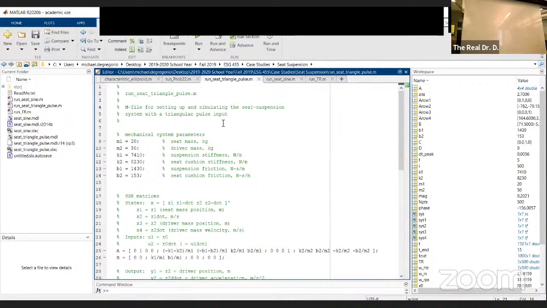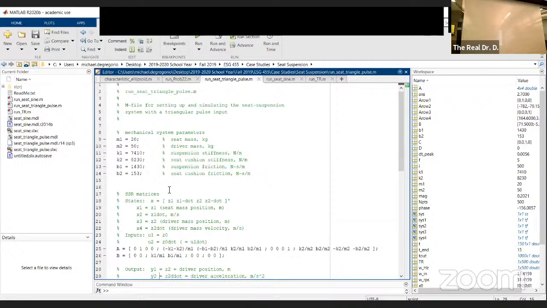Okay, so what are we doing, right? This is going to run my seat triangle pulse model. Notice all my parameters are right here, right? They're just the ones that we defined earlier. All of my notes are on there telling us what every part does and what we're looking at, right? So I've defined my A and B matrices here.